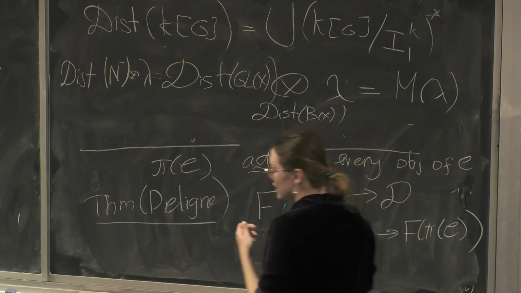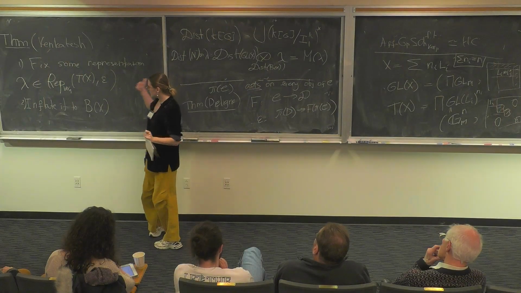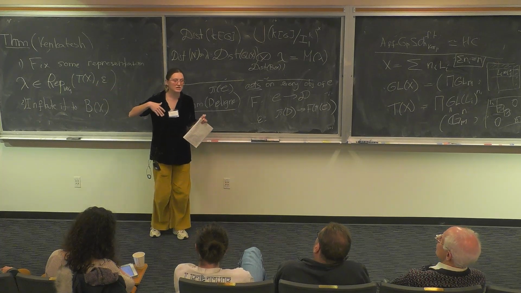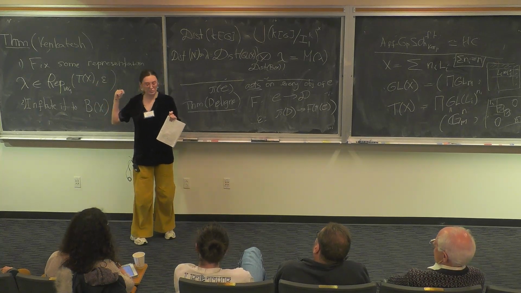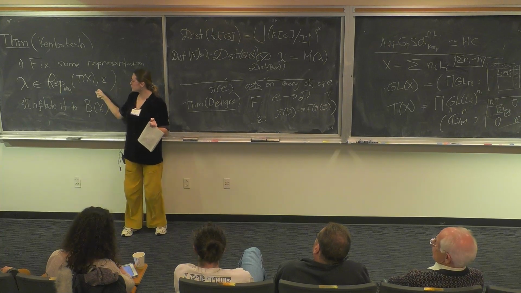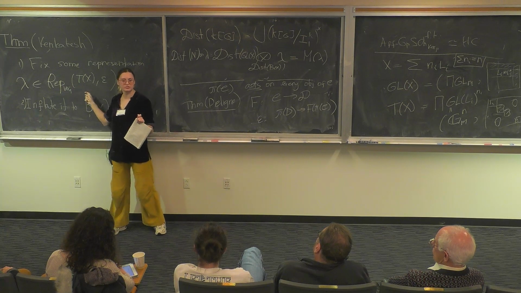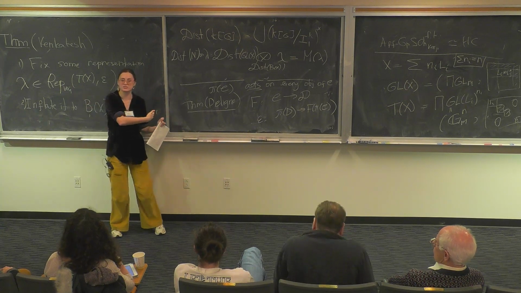And this object, we can look at it equivariantly with respect to this torus. And then if we have some sort of ordering on weights, on representations of the torus, then we can do some highest weight theory here.